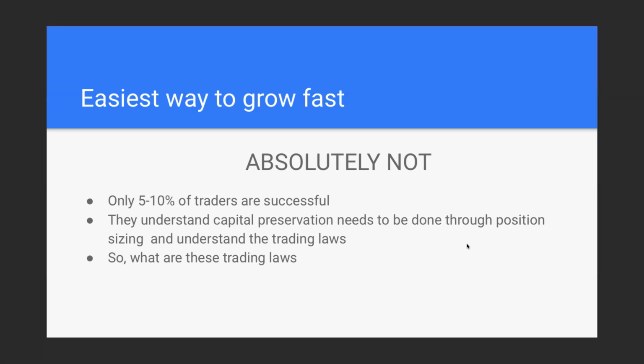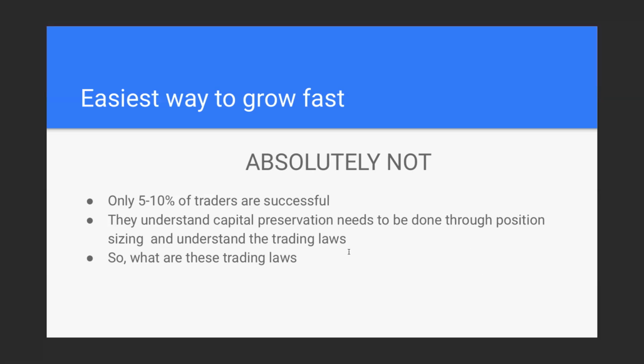Here we are talking about how we can make a small account grow fast to $1 million. That is definitely not feasible. As you do more and more trades, there are going to be more losses, and there are going to be some wins. As long as you have an edge of more than 50%, you will definitely make money. Okay, that's what it's all about.